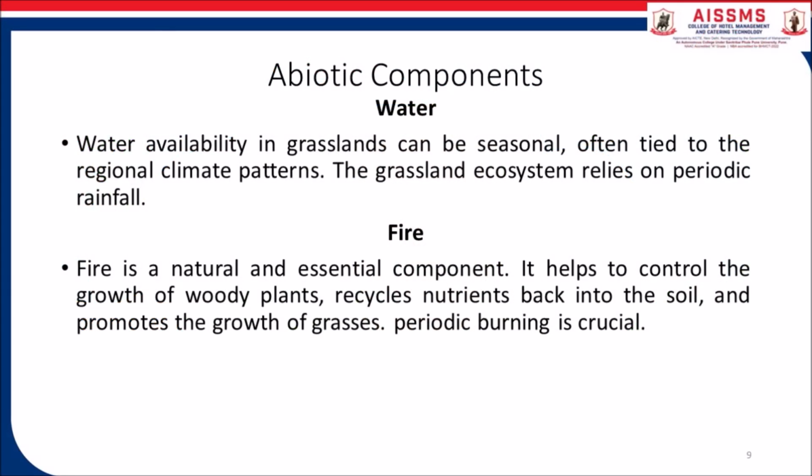Water availability in grassland can be seasonal and is often tied to the regional climatic pattern. The grassland ecosystem relies on periodic rainfall, and in some areas water can be a limiting factor affecting the growth of plants and survival of the grass as well.